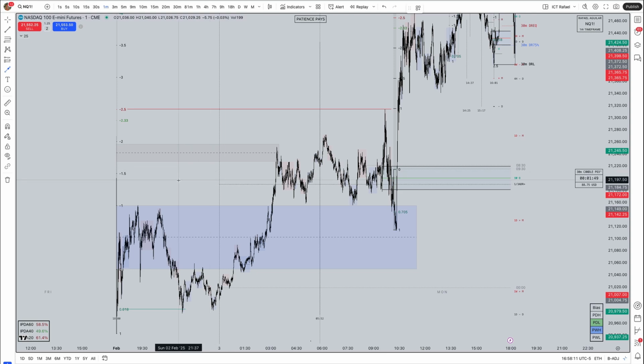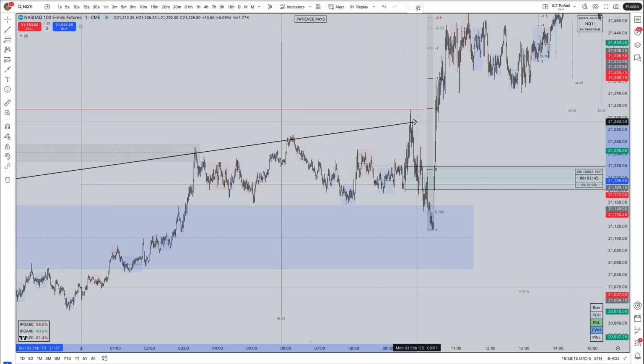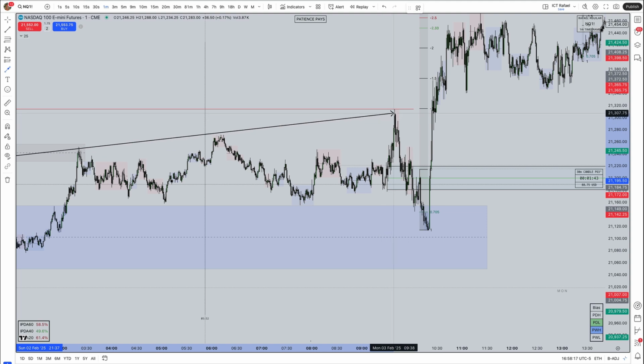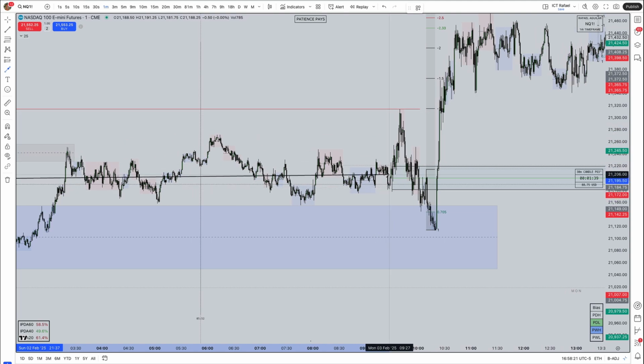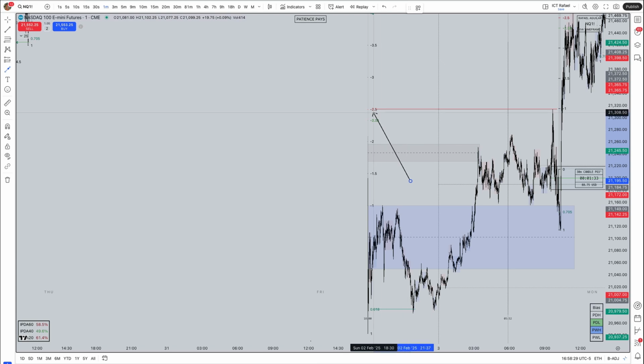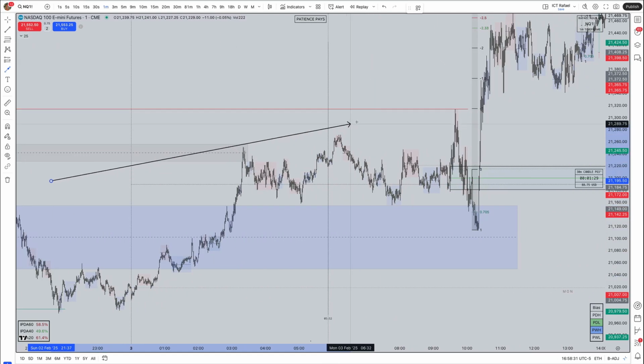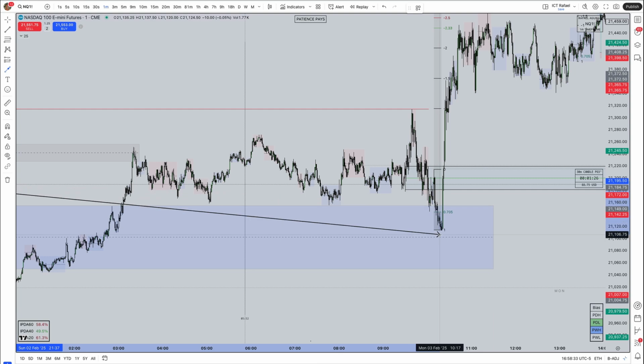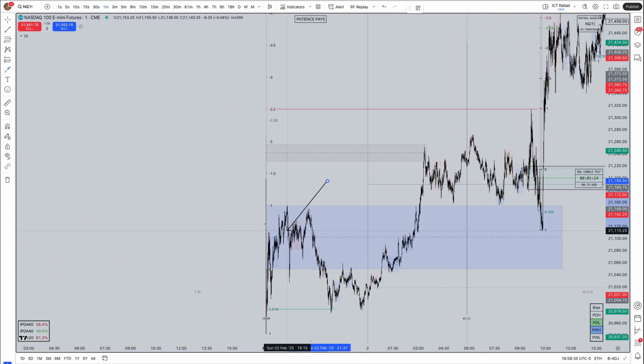Look how price reacts to -2.5 standard deviation to the tick a little bit after the 9:30 open. So the 9:30 open was here. 9:38 was the manipulation high move that was -0.245 standard deviation of these projections, and then the manipulation low was the range between 0 and -1 standard deviation of this projection.